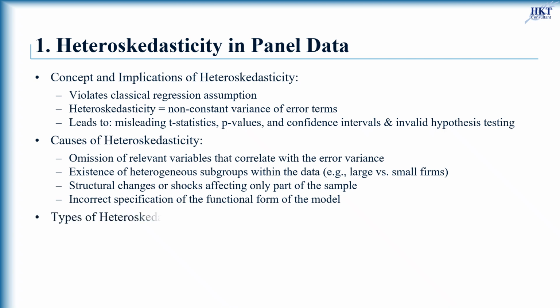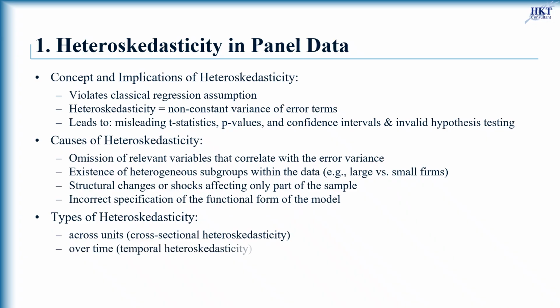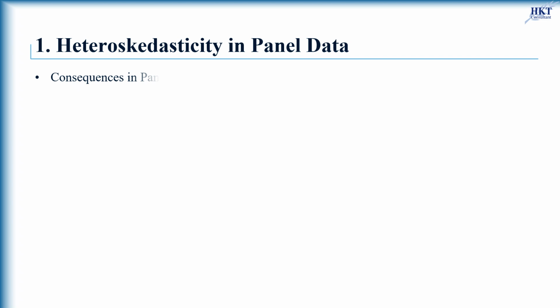In panel data, the variance of the error term may differ across units, referred to as cross-sectional heteroskedasticity, or over time, known as temporal heteroskedasticity, making it necessary to test for and correct these issues, to ensure the reliability and validity of statistical inferences. As a consequence, in pooled OLS models, heteroskedasticity directly affects the reliability of hypothesis testing.